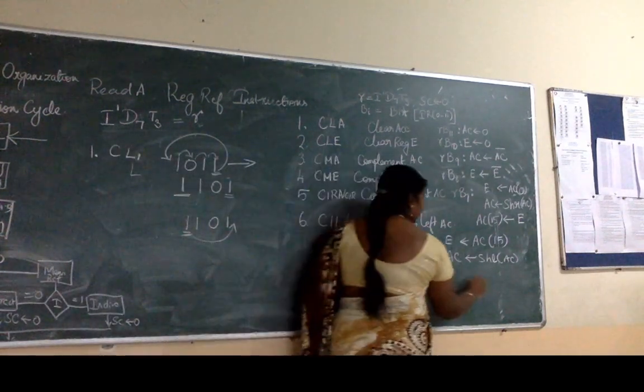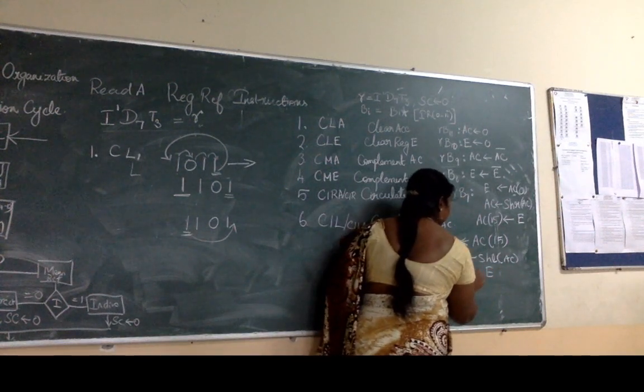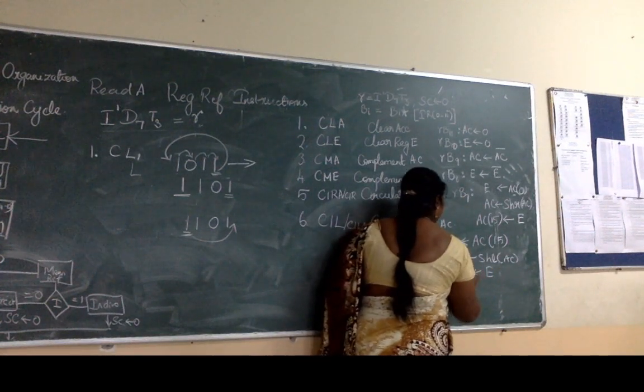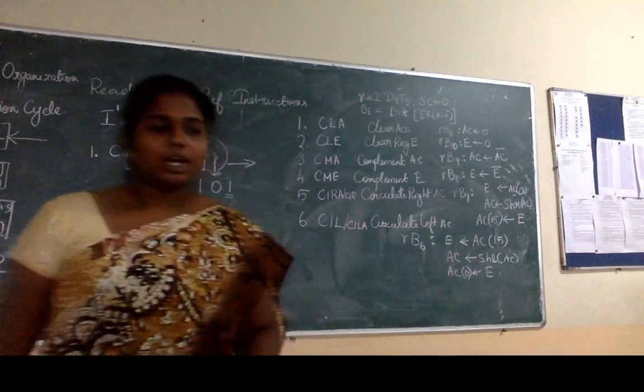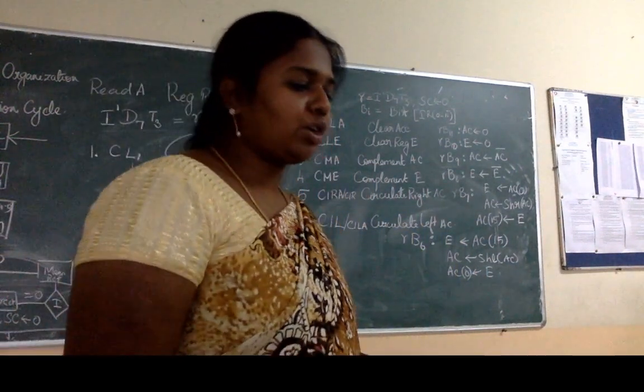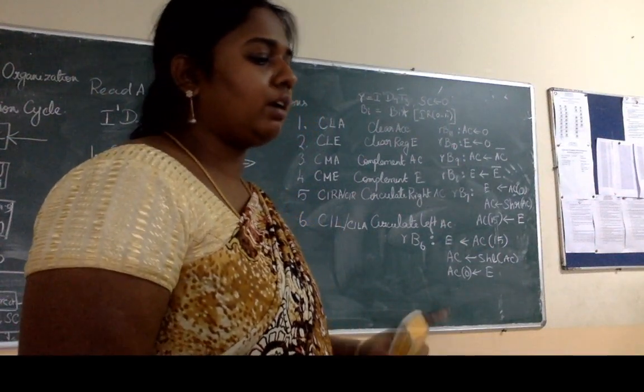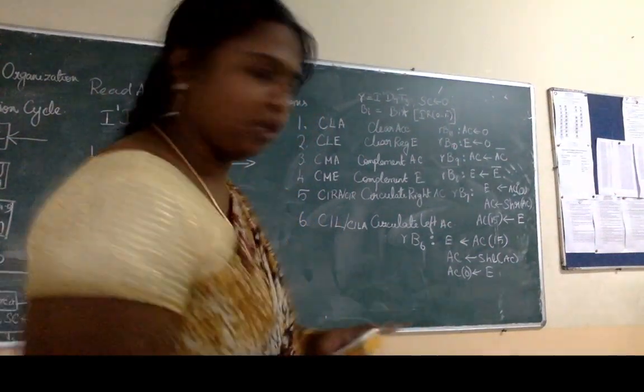So I am bringing the bit from register E into the 0th bit of the accumulator, or the LSB. Are we clear till here? So this is called the circular left of accumulator.